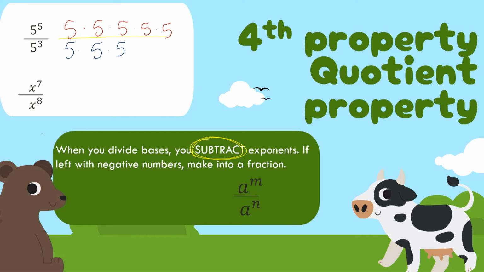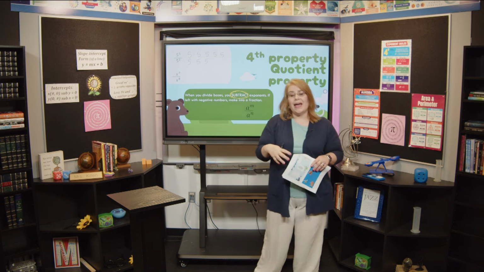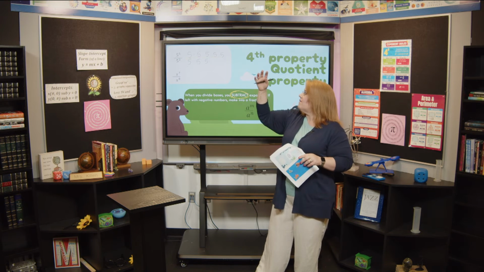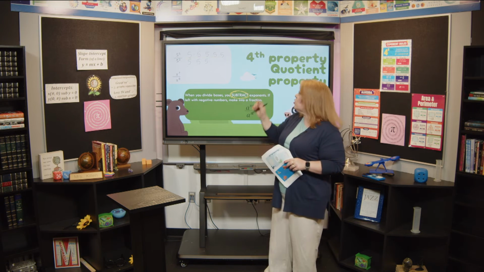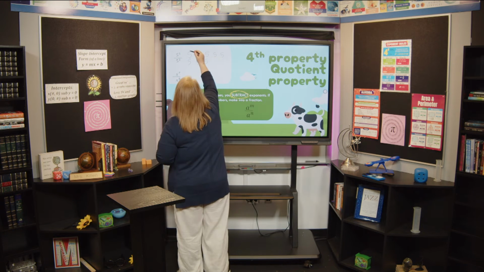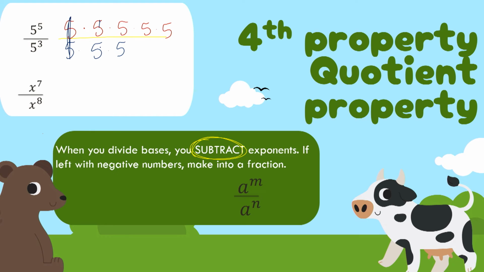Now, we said that we are subtracting. So this is what I do. This helps me until I understand, oh, I got to subtract. 5 minus 3 is 2. So I'm going to show you an example of it exactly equals 2. So watch. I'm subtracting 1 from top and bottom, subtracting another from top and bottom, subtracting another from top and bottom. So I am left with 5 squared, which equals 25.